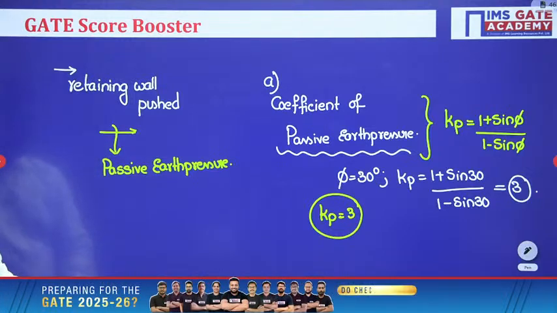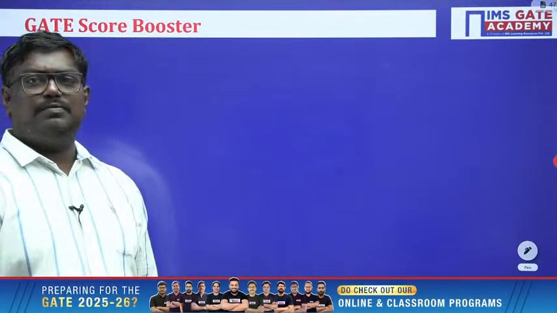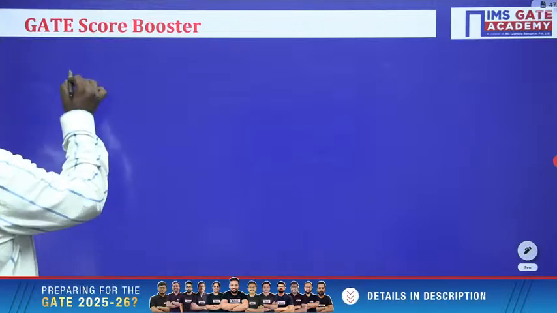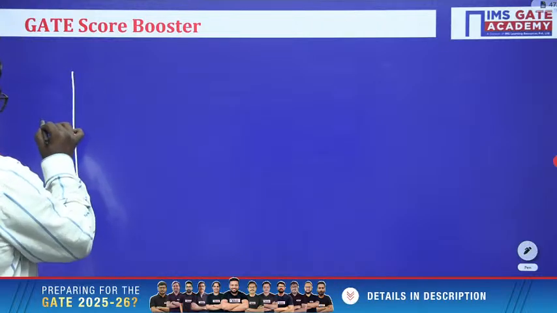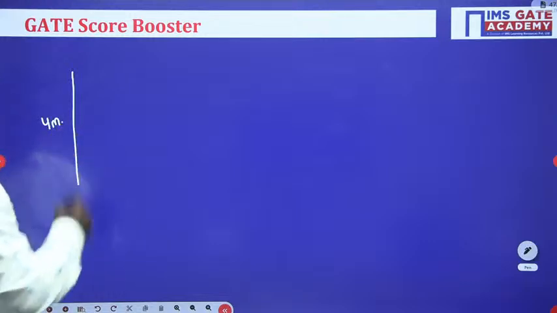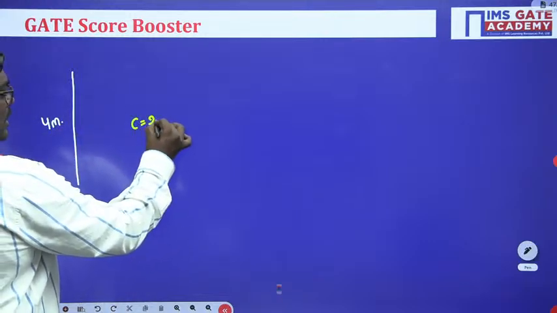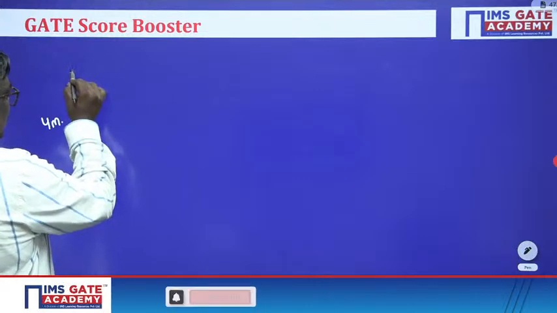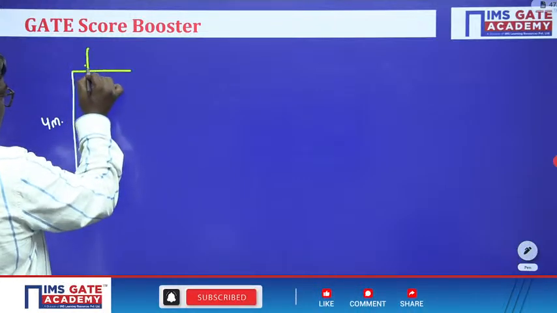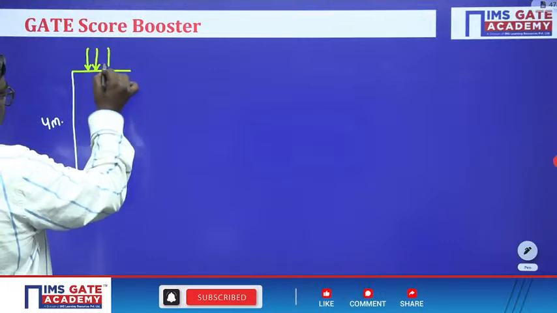Next, we have to find out the vertical stress. The retaining wall has a height of 4 meters, and if you see, there is a surcharge here of 20 kilonewton per meter square.